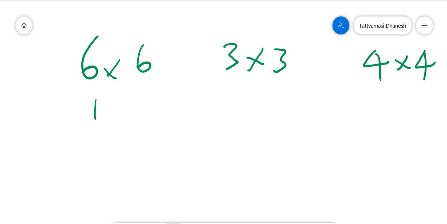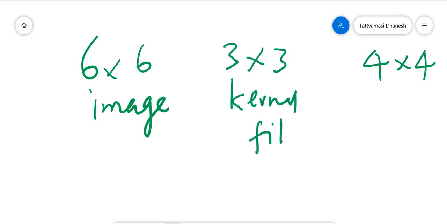So this is the image, this is the kernel or filter we are using for the convolution process, and the output we are getting is of size 4 by 4 by using the formula n minus f plus 1.